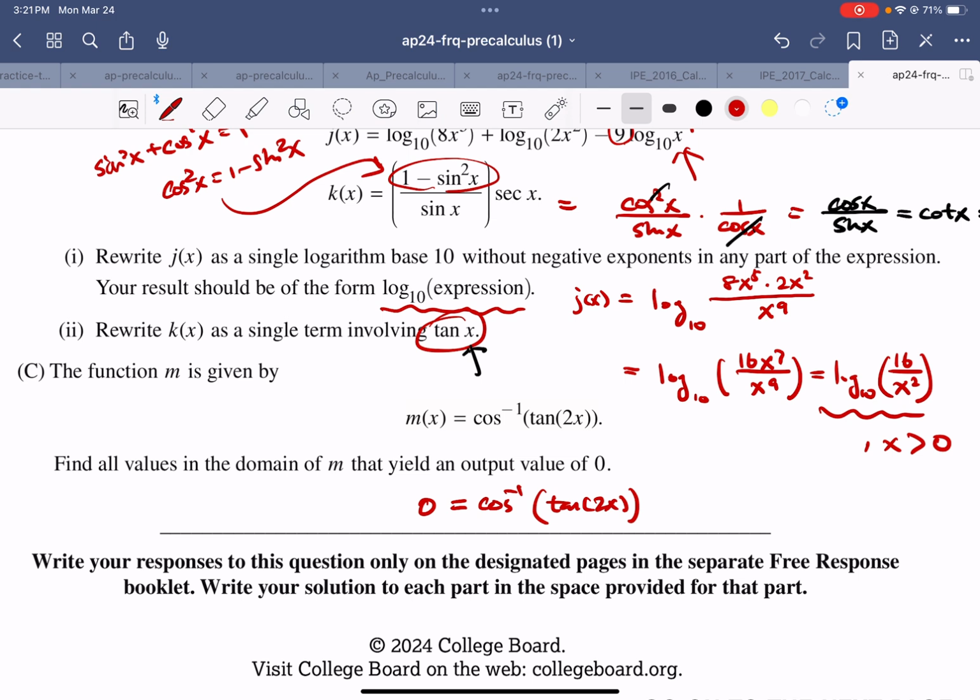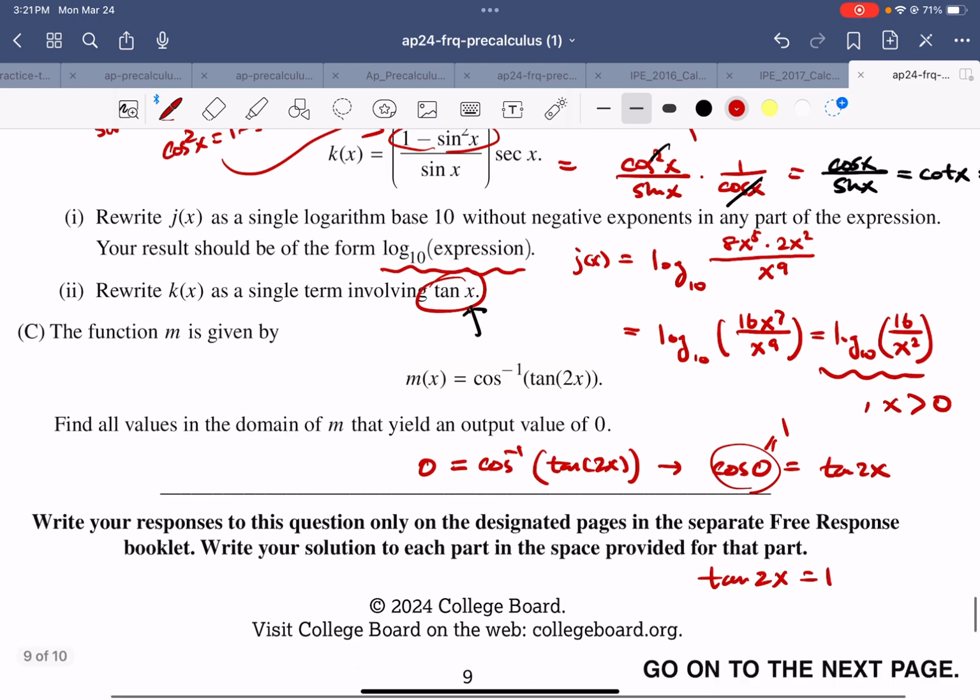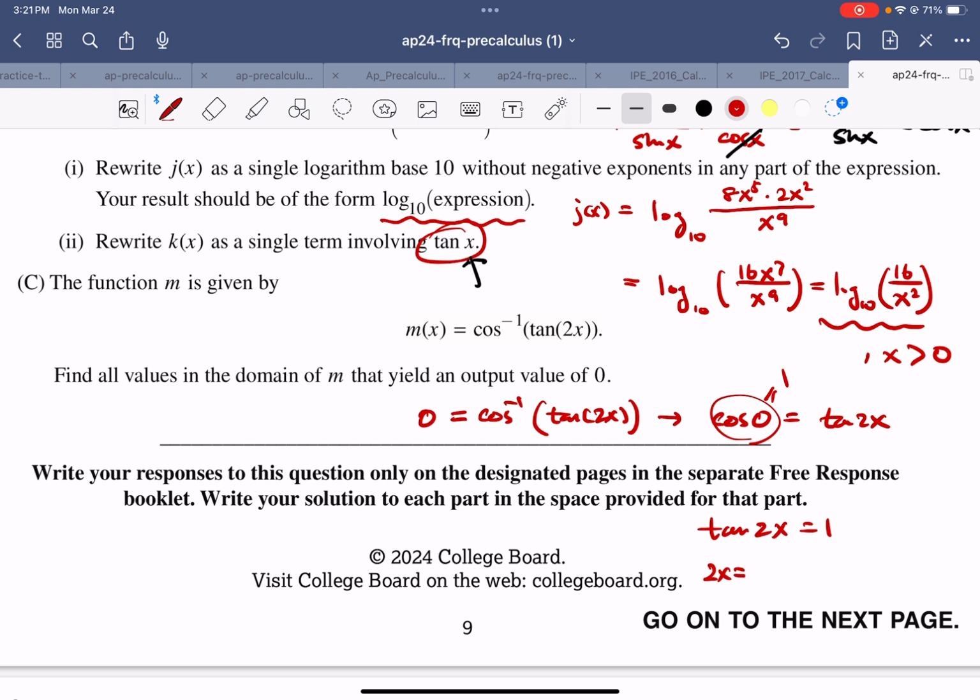Okay, so you can rewrite this as cosine 0 equals tangent 2x, right? Now what is cosine 0? Cosine 0 is 1. So tangent 2x is 1. Okay, so that means 2x, think about it, what value of angle has tangent 1, which is basically pi over 4, plus n pi.